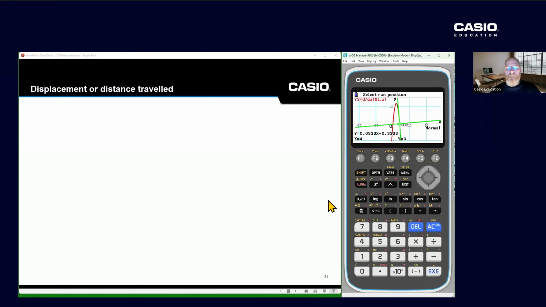But just to finish off analyzing your different functions, displacement or distance traveled. Now, this is normally referred to for integration. We're just going to have a look at the velocity function between 2 and 5.